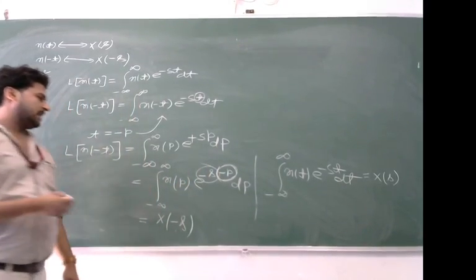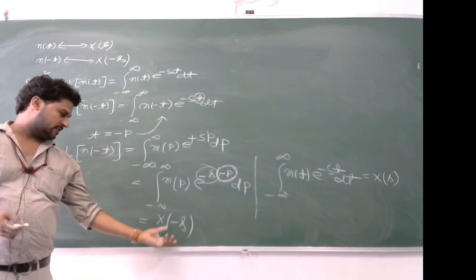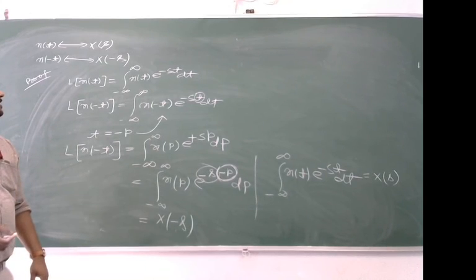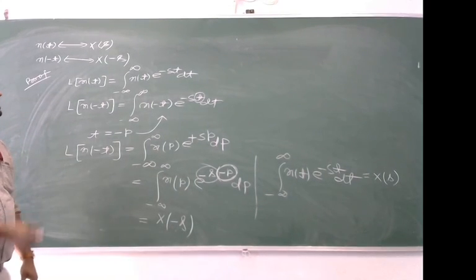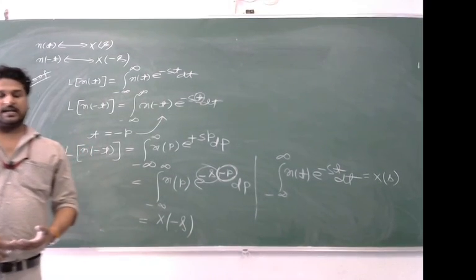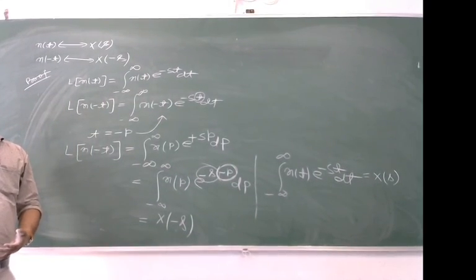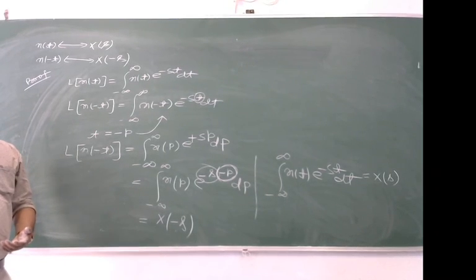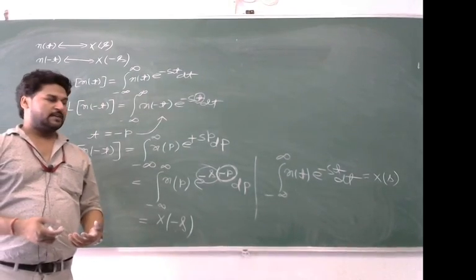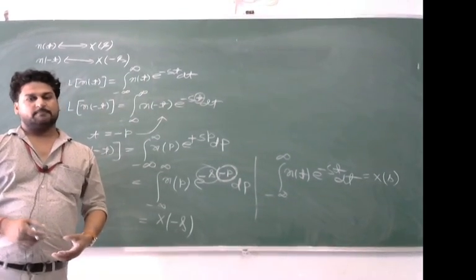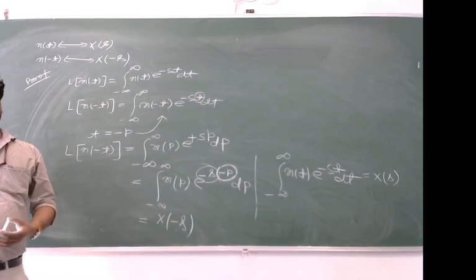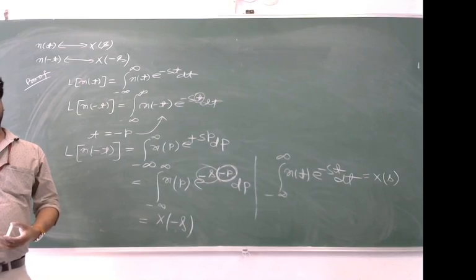So if in place of s it is minus s, this will become X of minus s. This is what the time reversal property of the Laplace transform states: if we take the time reversal of the signal in the time domain, then in the frequency domain, or we can say in the s domain, the variable s will also be replaced by minus s. It means the signal in the s domain will also be reversed about the y axis.